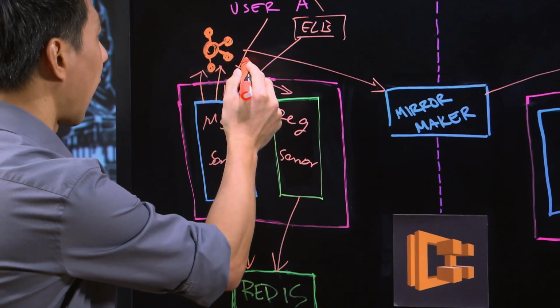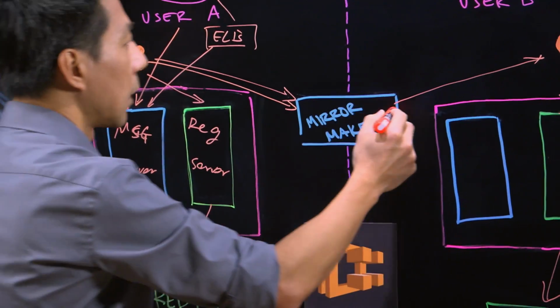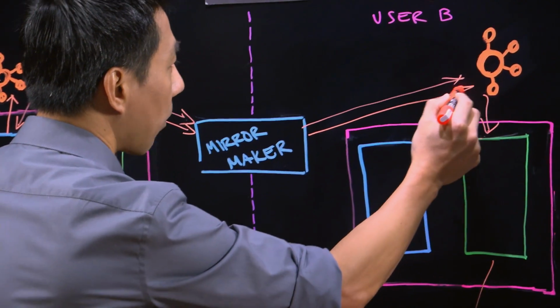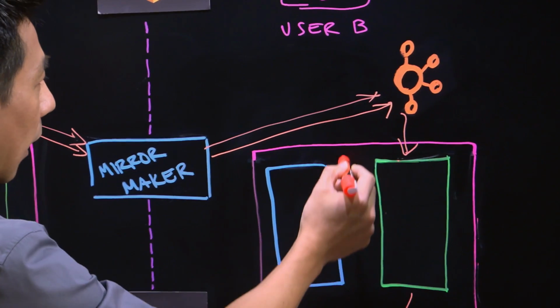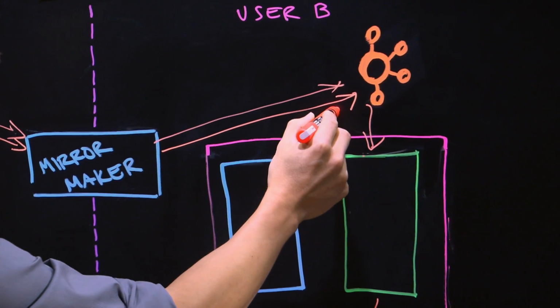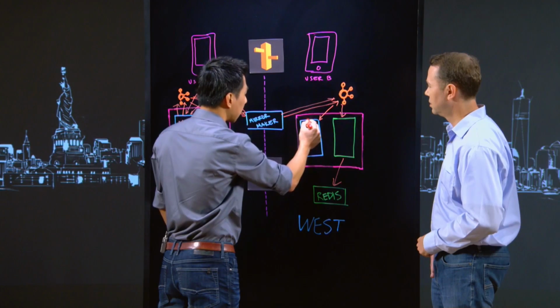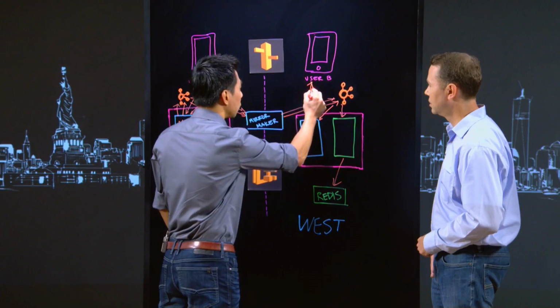Once it sends to Kafka, we use Mirror Maker to replicate that message to that particular topic in the other region. The message server in the West region listens to that particular topic, picks the message up, and then sends it to user B.